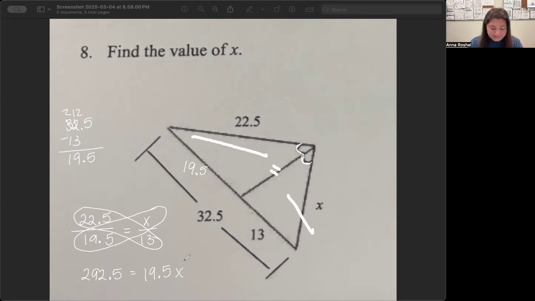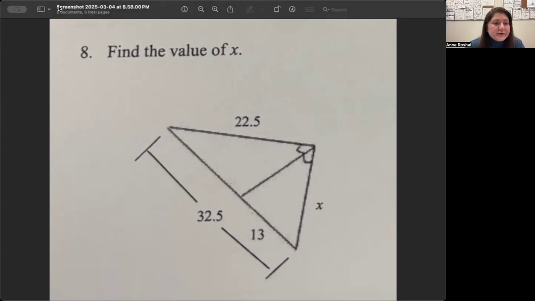It'll just take time. So I'm going to divide by 19.5 on both sides, and x is 15. So my answer for this is going to be 15, whatever the units are.